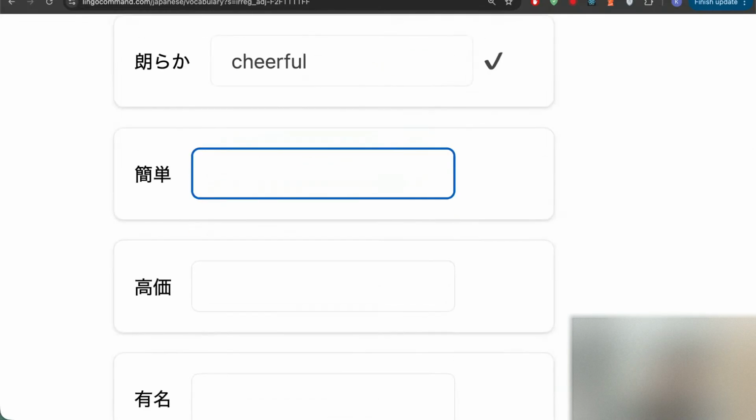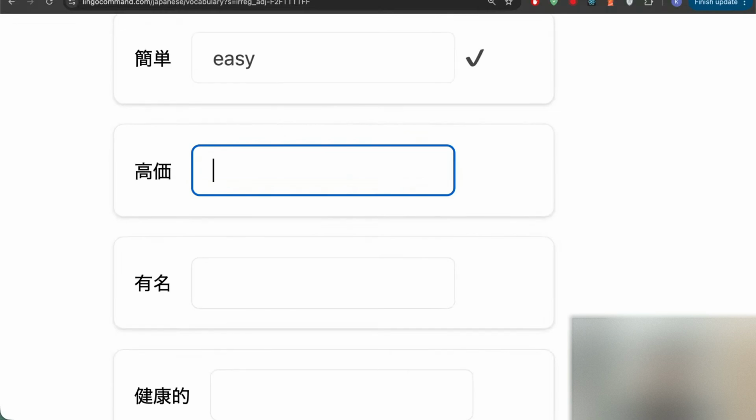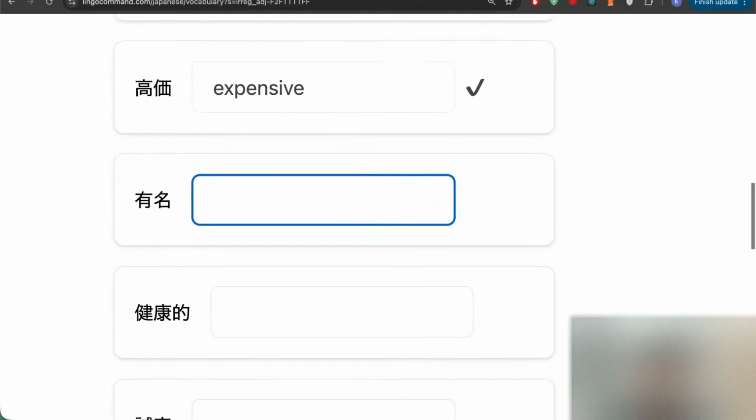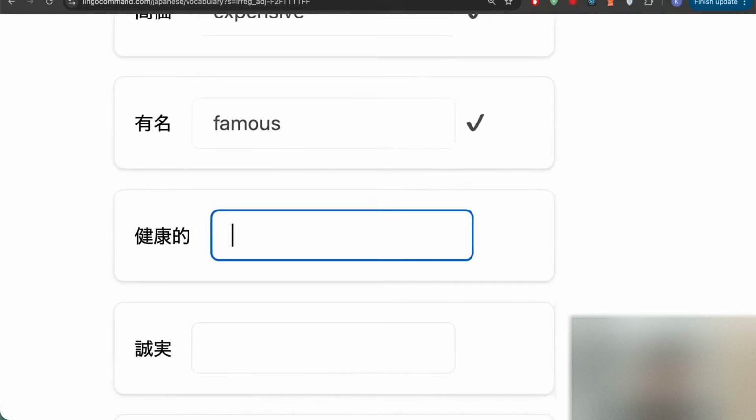This kanji is kan, that one's tan, this is easy. And then we've got koka, which is expensive. Yume is famous.